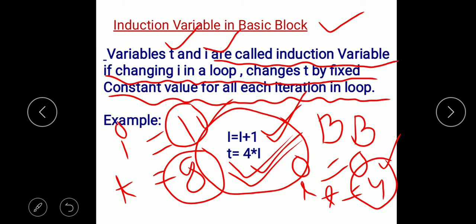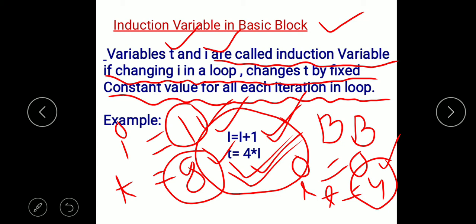If you notice this within a basic block, then you can say this I and this t are induction variables. Once you identify induction variables within a basic block, thereafter you need to eliminate them.